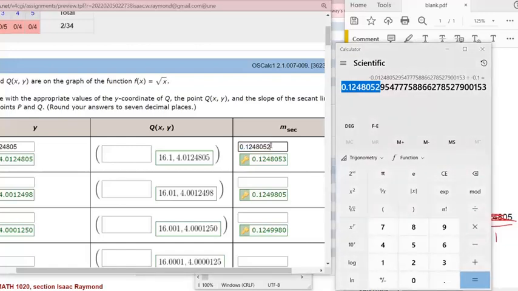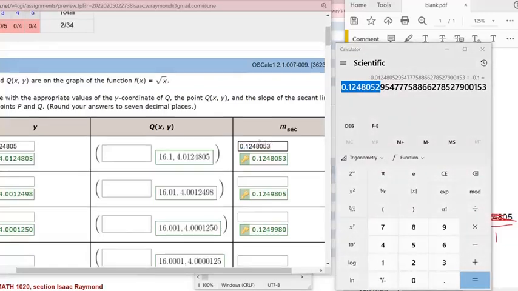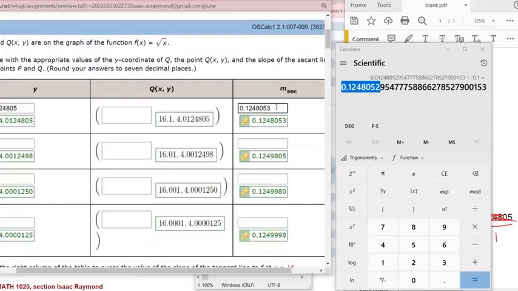That's crazy. That's going to get some students marked wrong, and then they're going to start second guessing themselves. But yeah, every answer, cut it off to 7 decimal places. But when you're making your calculations, you've got to use every decimal value you get from your calculator. Make sure you don't lose anything.